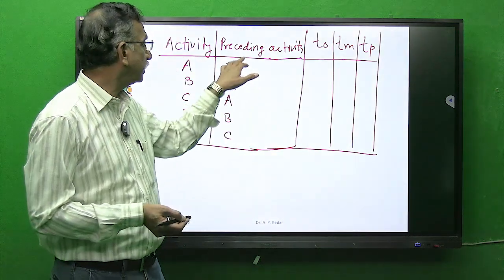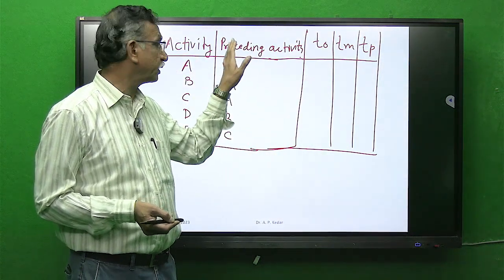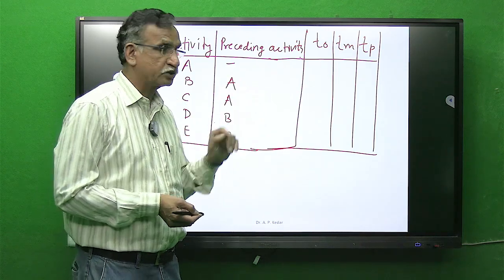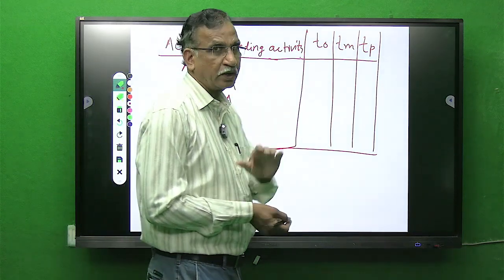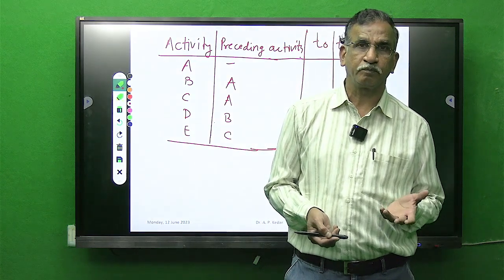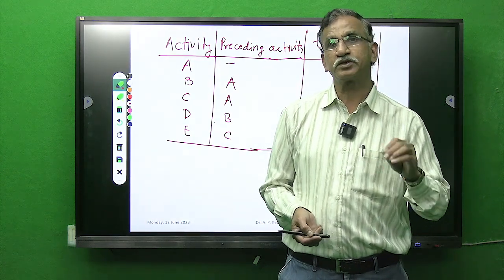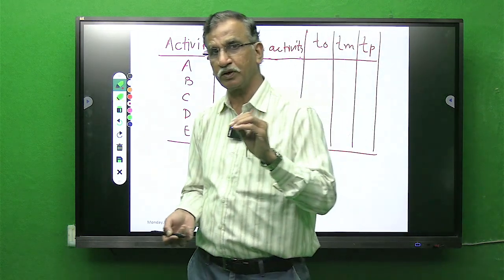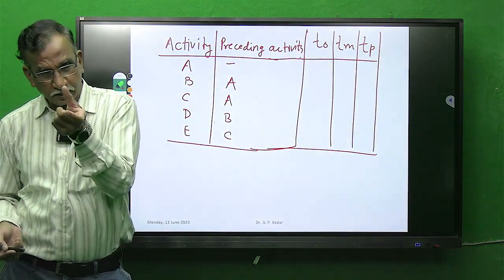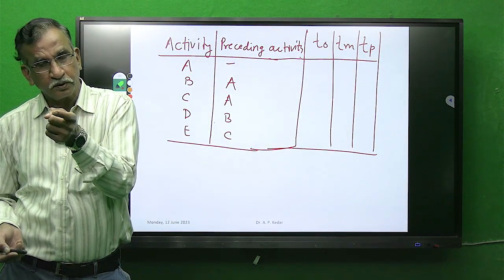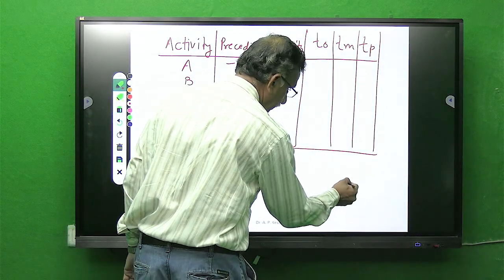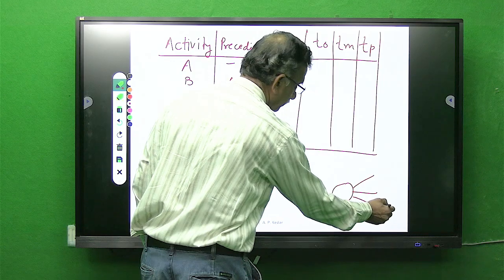Whenever you find against preceding activity, under preceding column, dash means that particular activity will not depend on any activity, meaning it will start at once. Suppose I get dash in front of 3 activities, meaning in that particular network 3 activities will start simultaneously.